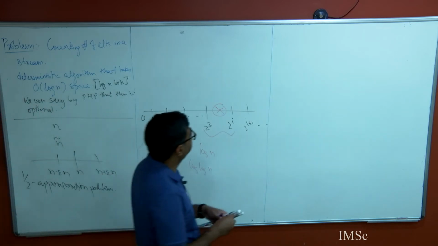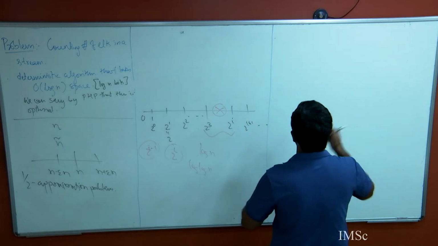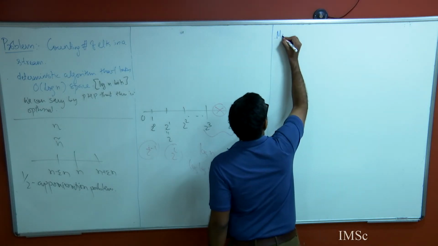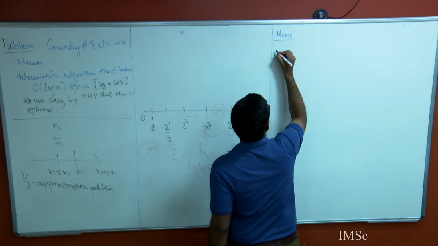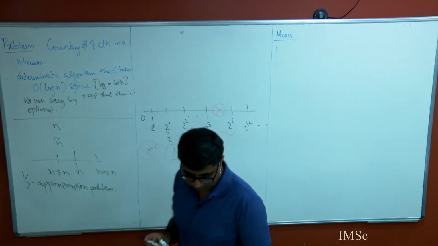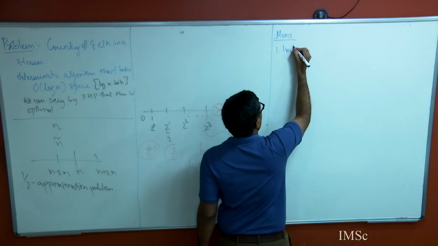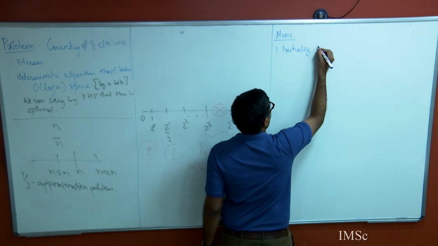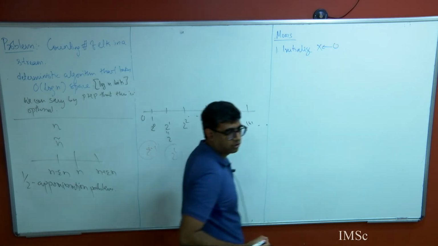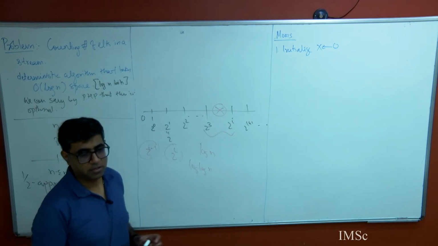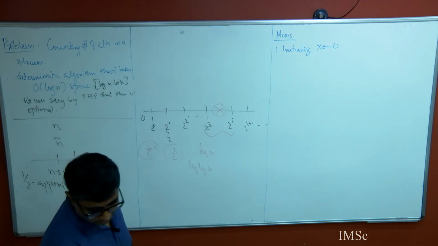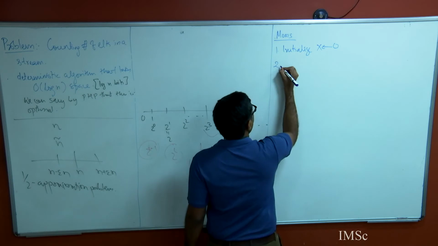So what was Morris? This was an algorithm due to Morris from the 70s, and the algorithm is as follows. You have a counter x, which you initialize to 0. This is the counter which you would like to increment.